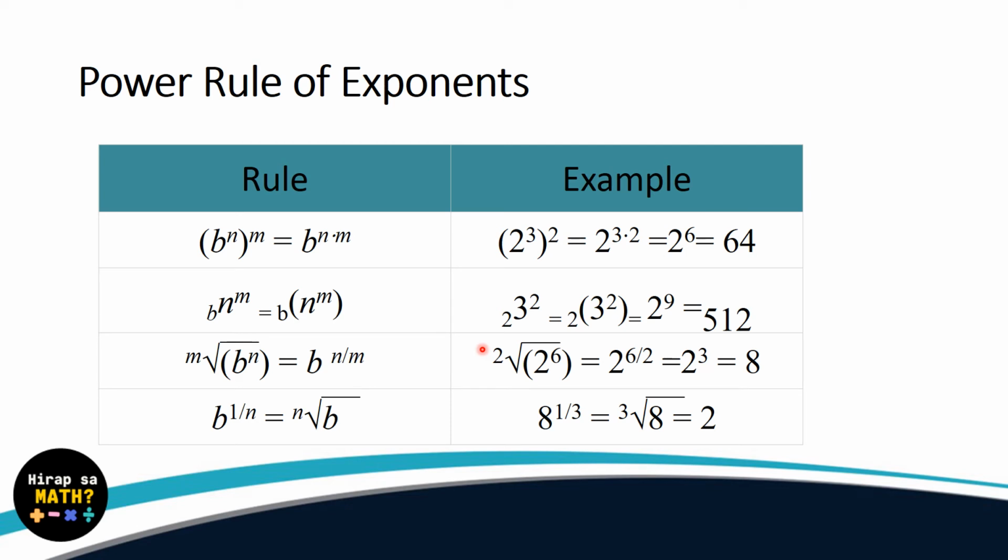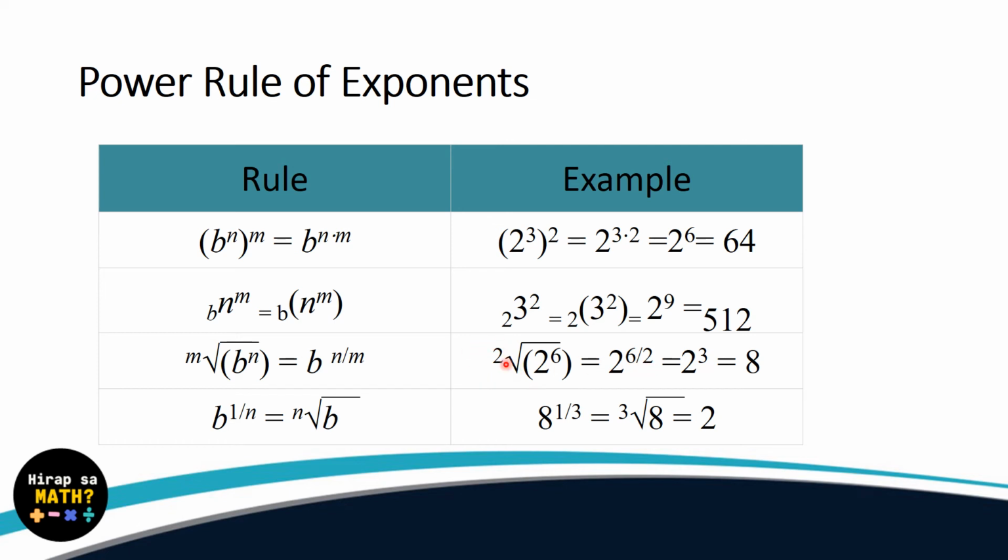Pero para lang mapakita natin na meron na index dito, ay sinulat na lang natin. Again, normally, hindi natin sinusulat siya. So, 2 to the 6, square root nun, ang gagawin natin, yung 2, kukopyahin. Yung power, yung nasa loob, siya yung magiging numerator. At yung nasa labas, siya yung denominator.